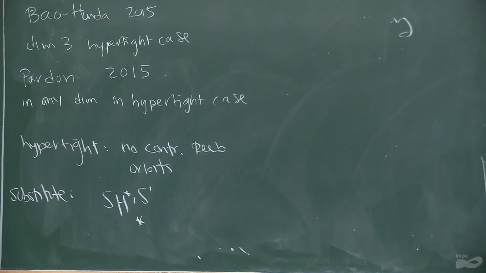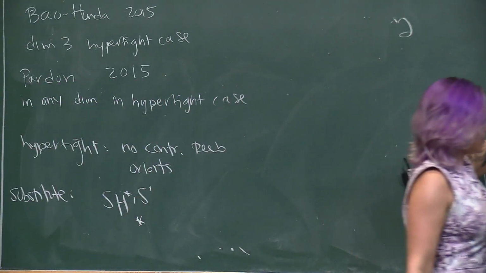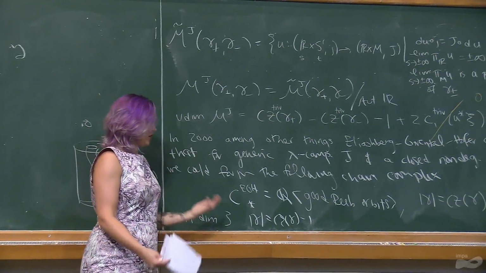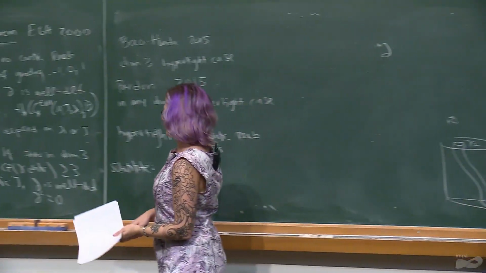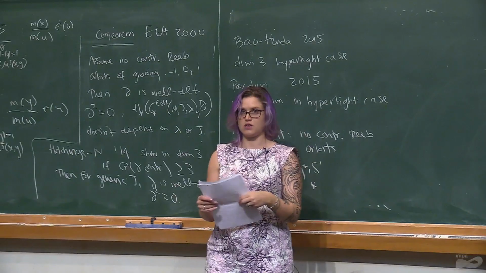So the motivation for the next part is to try to find a way to define a contact invariant in the same spirit, where you're counting J-holomorphic curves in your chain complexes generated by Reeb orbits, which avoids the transversality issues with multiply covered curves.